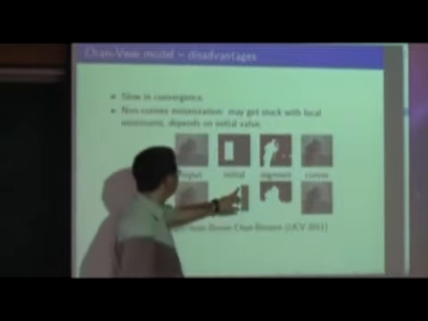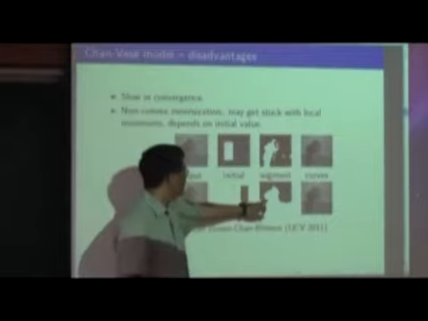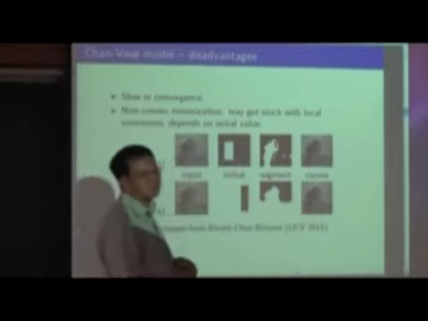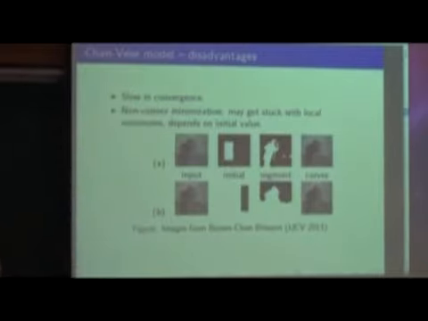But if you start with this curve, you segment the upper part of the ocean too. So it depends on the initial value. I think there are many examples. I think I have a movie. Yeah, so this is very common. So the slow convergence and dependence on the initial value, we can overcome those things by some newer techniques.